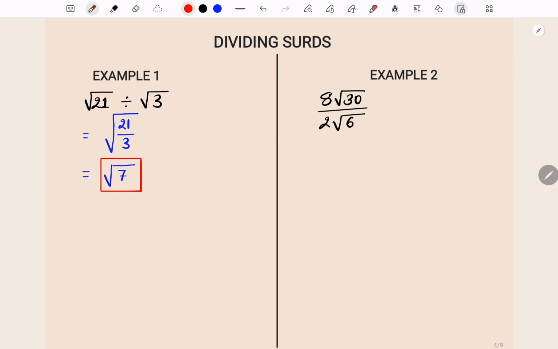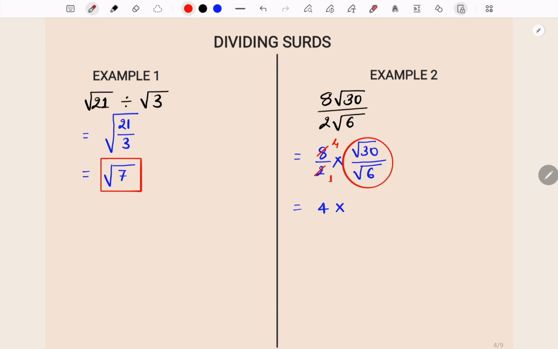Moving on to the next example. This example looks complicated, but the method is the same. Let's solve this. I can write this as 8 over 2 multiplied by root 30 over root 6, right? I can divide this. 2 times 4 is 8. So we have 4 multiplied by, now here look closely, here we have root 30 over root 6, right?